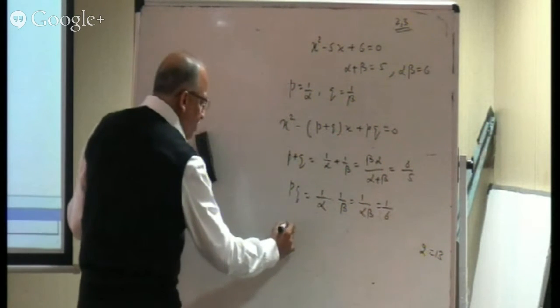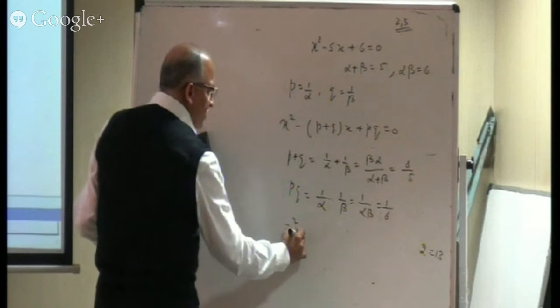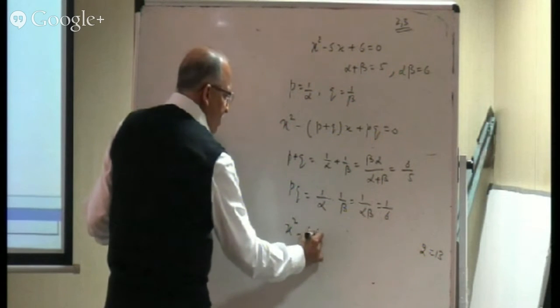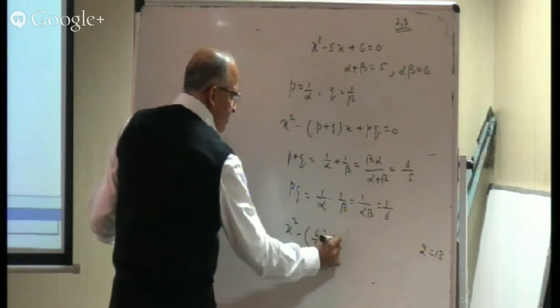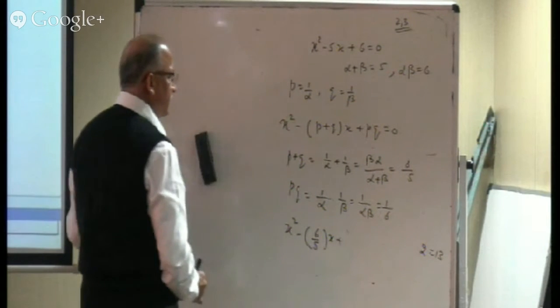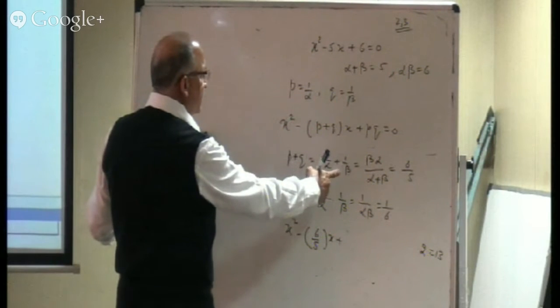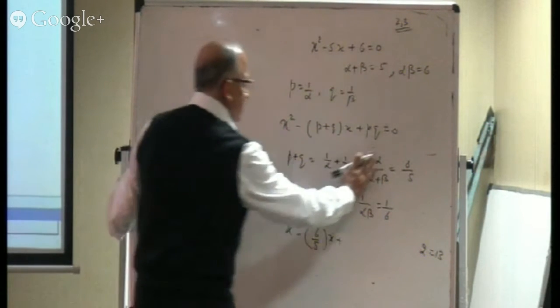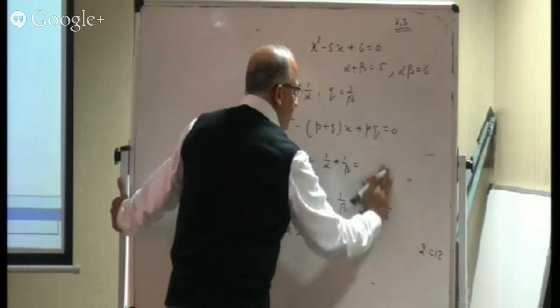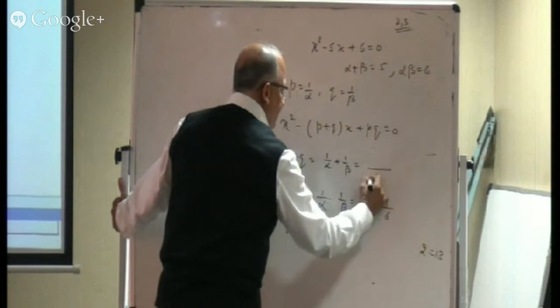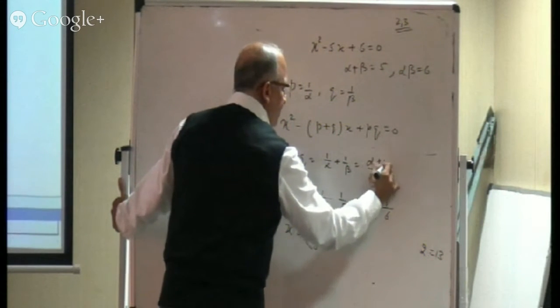Can I rewrite the equation? X square minus sum of the roots 6 by 5 plus, is this correct? I'm sorry, you did not notice it. Alpha beta, alpha plus beta.